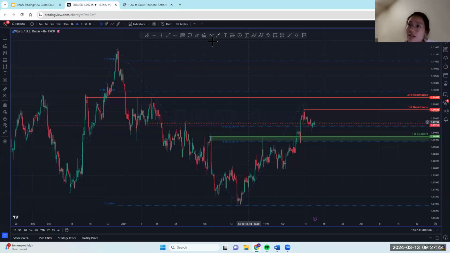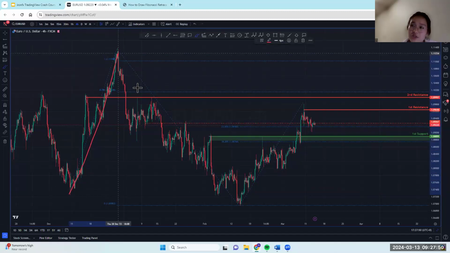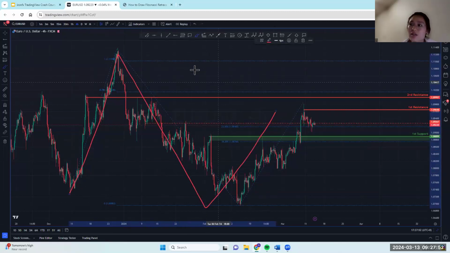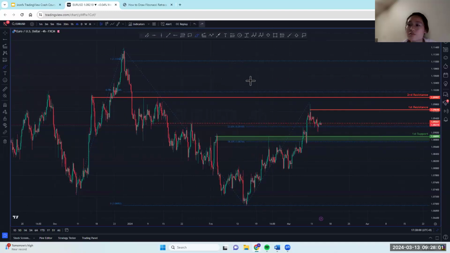Okay, but for this one, I guess I'll just briefly go through why we are using it. So for Fibonacci projection, you're looking for a flash kind of shape. So something like this, like a lightning bolt shape.